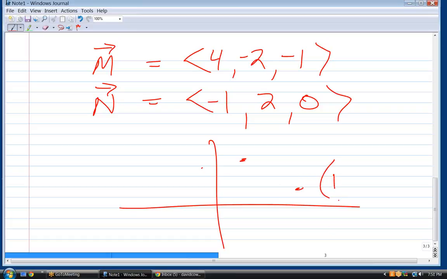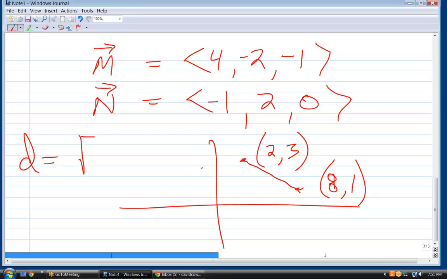This point is, let's say, 8, 1. And this point is 2, 3. How do I get the distance between those 2 points? What's the distance formula? Think Pythagorean theorem.